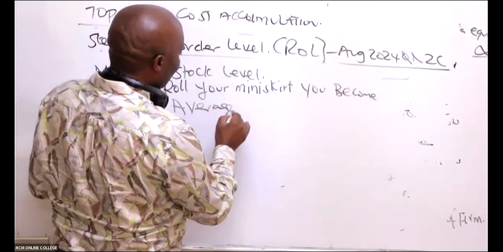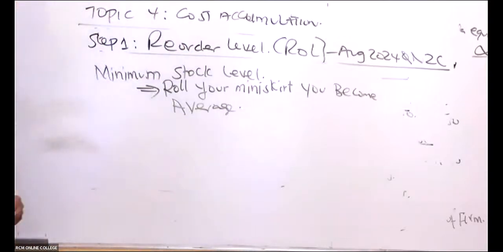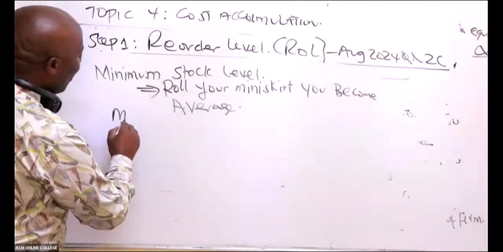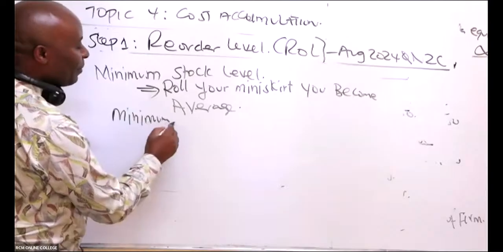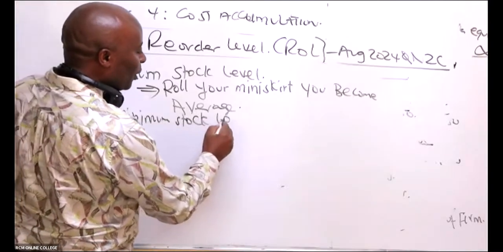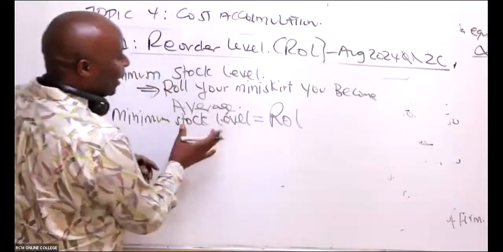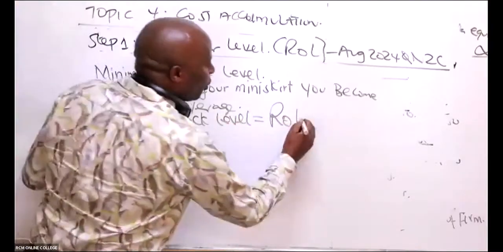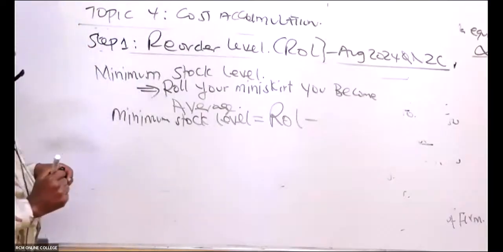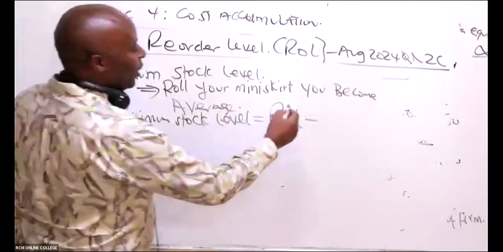That's how you remember this. Just write it somewhere. So anytime they want us to give them minimum stock level, we must always start with a roll. Because you're getting minimum, you're getting average, we put negative there, and then in brackets, we have average.